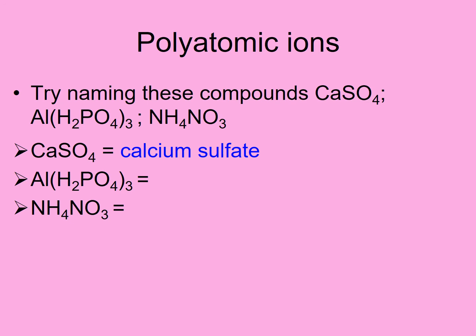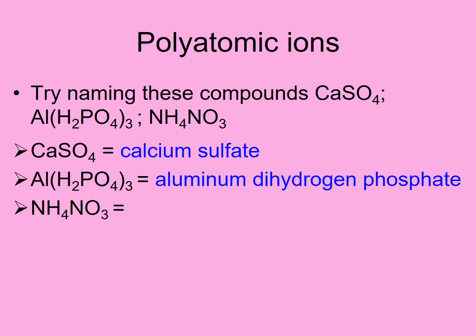Erase all the charges to show that it's neutralized. The name doesn't change. It's iron 2 hydroxide. Why don't you try on your own naming these 3 compounds? Just pause the video for a moment and see if you can name these 3 formulas.